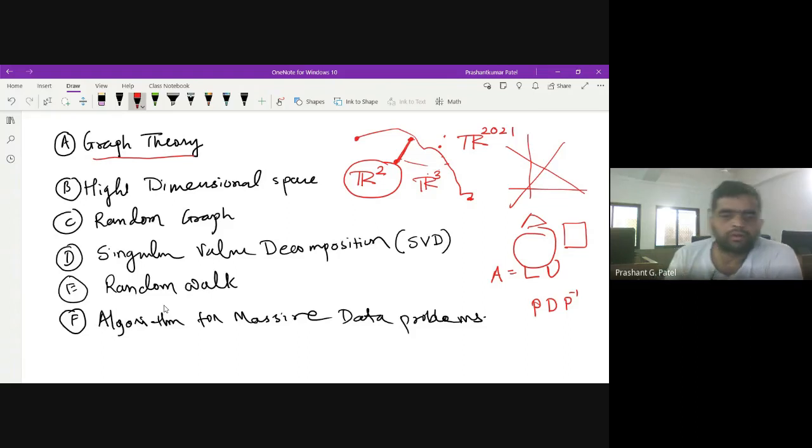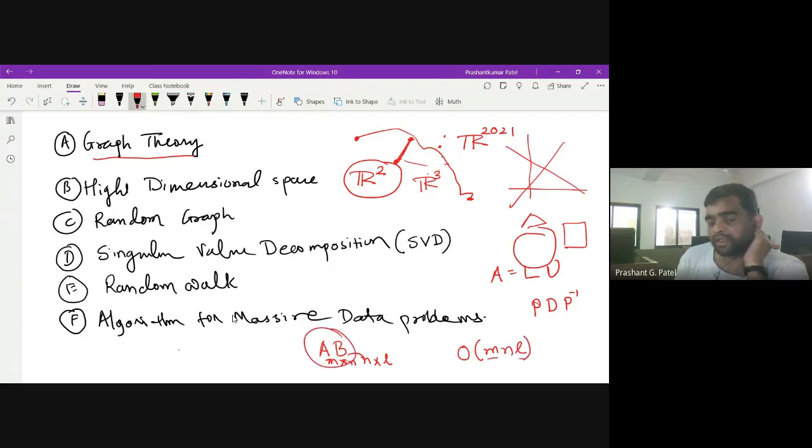For example, why is the matrix multiplication algorithm useful? Because you are dealing with big matrices A and B. When you take the product of these two, if A is of order m cross n and B is of order n cross L, then in the usual manner you require order m n L time to compute AB.